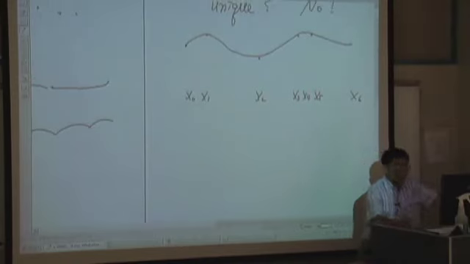Then let me check. The spline should pass through the given points. And how can we make a cubic polynomial here? And this kind of thing should be satisfied.